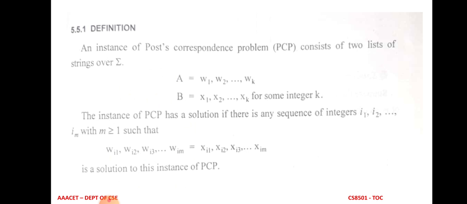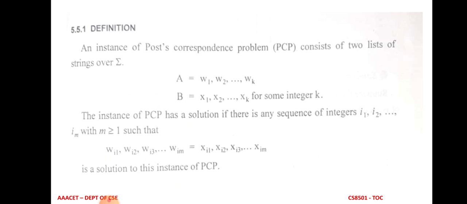An instance of the post correspondence problem consists of two lists of strings over the input alphabet sigma. There are two lists, one is capital A and the second is capital B. List A can be written as W1, W2, up to WK. These are individual input strings.